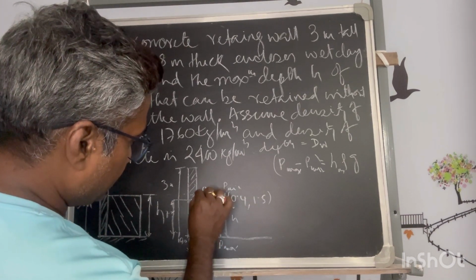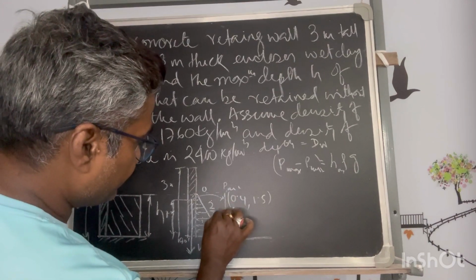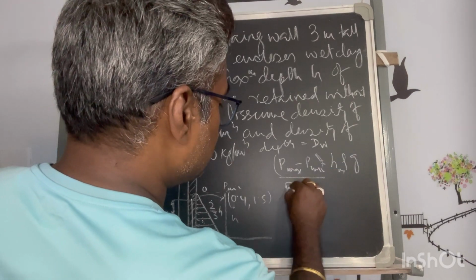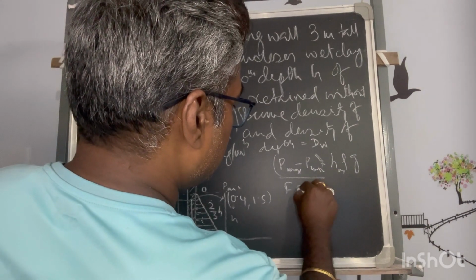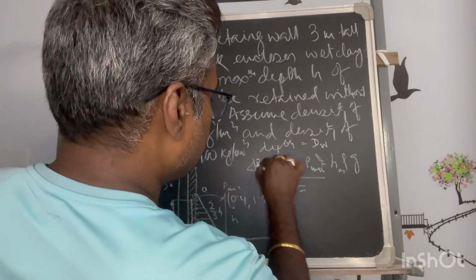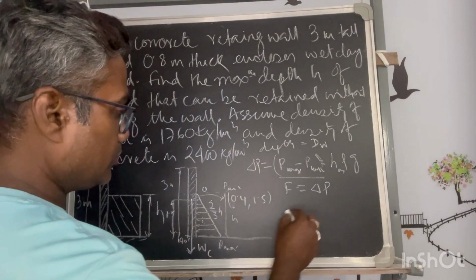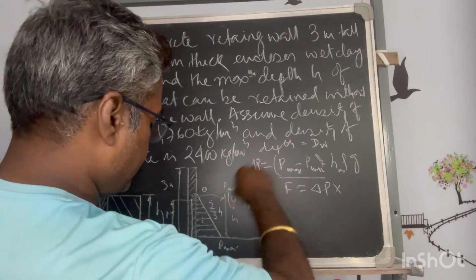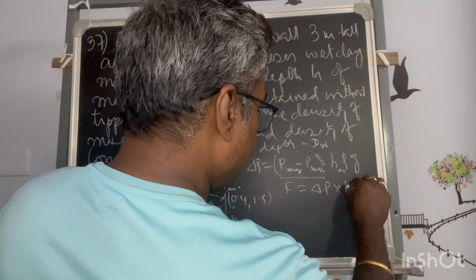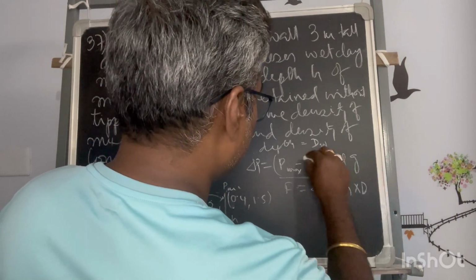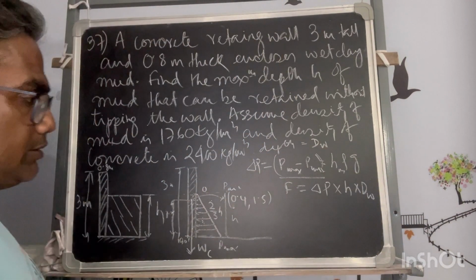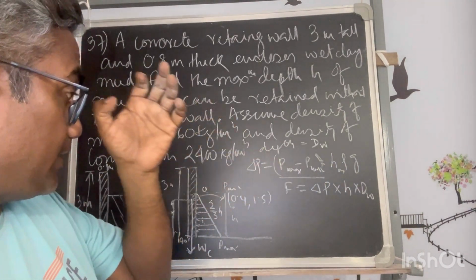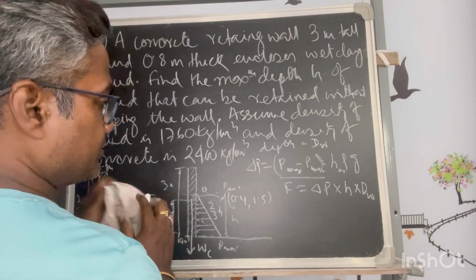It will act from the vertex at 2/3 of H. This force is equal to delta P into the cross section, which for the mud is depth into height, H into dw, the depth of the wall.